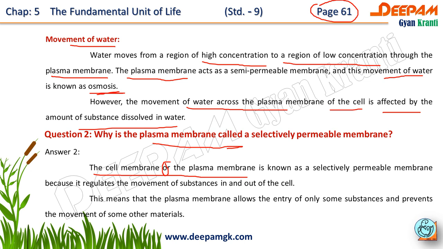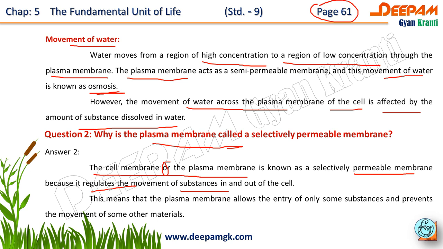The cell membrane or the plasma membrane is known as the selectively permeable membrane because it regulates the movement of substances in and out of the cells. Because of the plasma membrane, substances can move out of or into the cell.